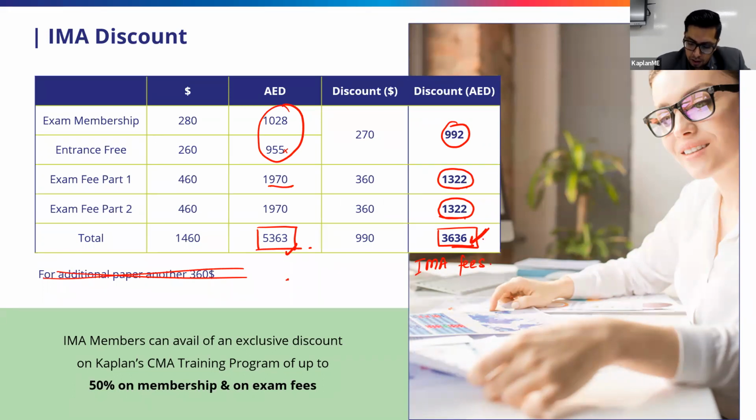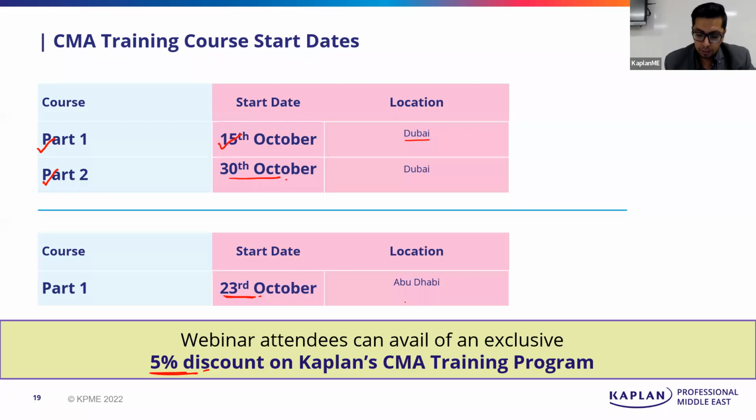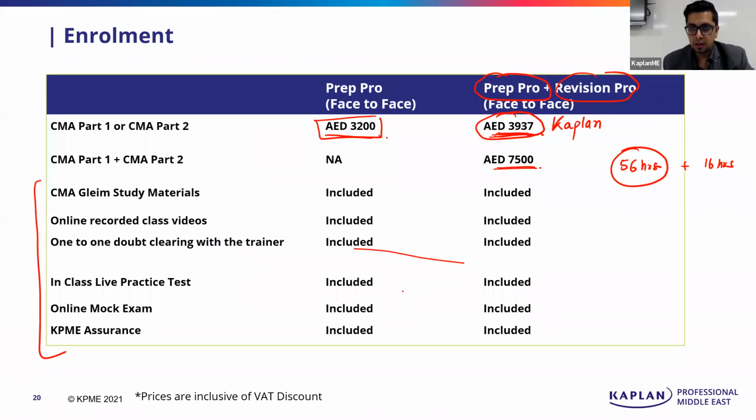But this is after around 40% discount, 3636 to the IMA. But this is for both part 1 and part 2. Kuldeep, this one, this fees. Okay, okay, got it.